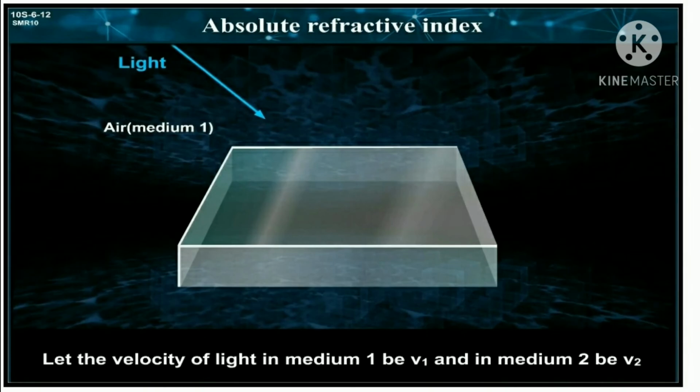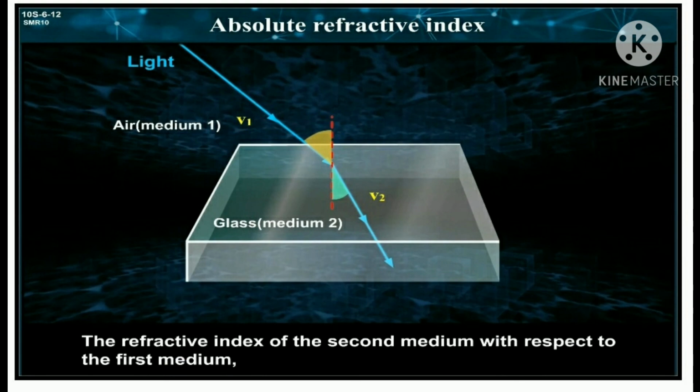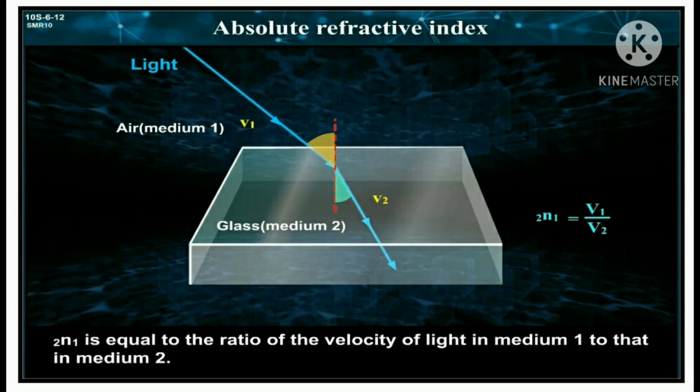Absolute refractive index. Let the velocity of light in medium 1 be v1 and in medium 2 be v2. The refractive index of the second medium with respect to the first medium, n21, is equal to the ratio of the velocity of light in medium 1 to that in medium 2.